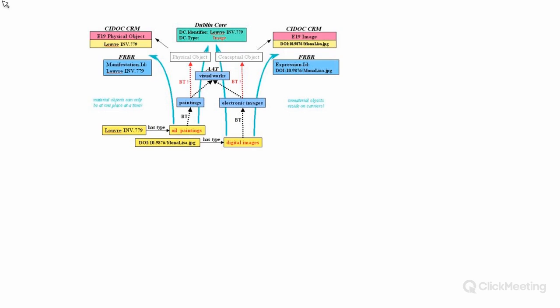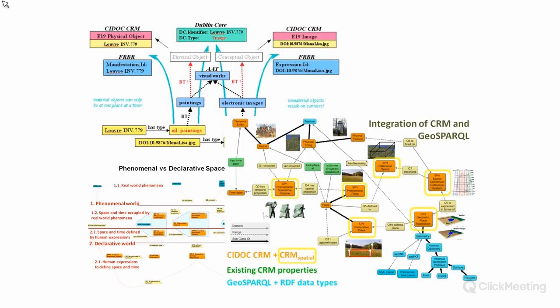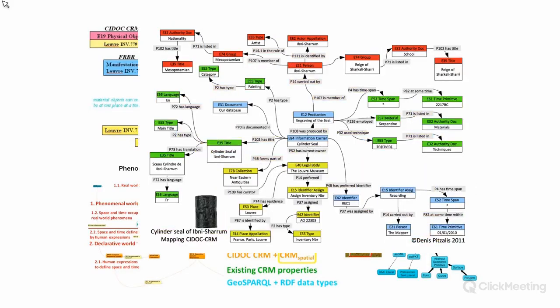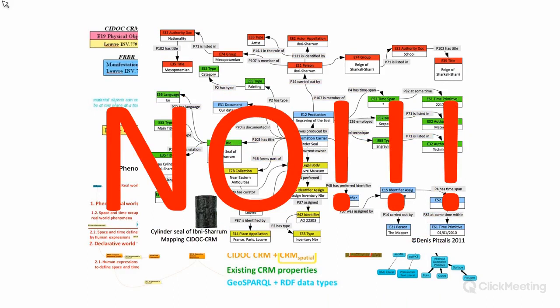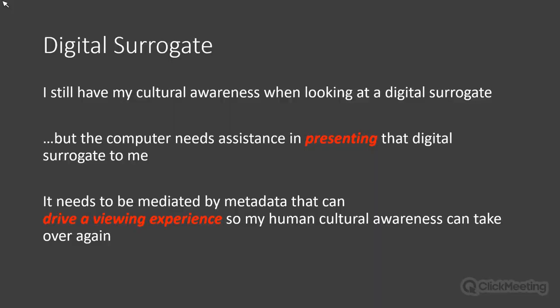So we might start to think, well, we're going to need to describe who created it and what the materials are and what it looks like and all sorts of other interesting things, but we're going to run into lots of problems if we attempt to describe any possible cultural heritage digital object using descriptive schemes.